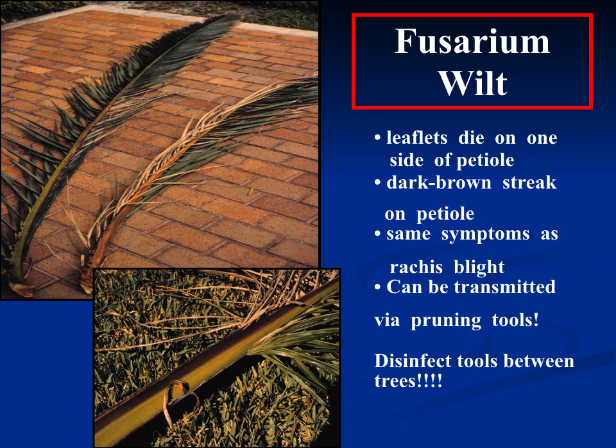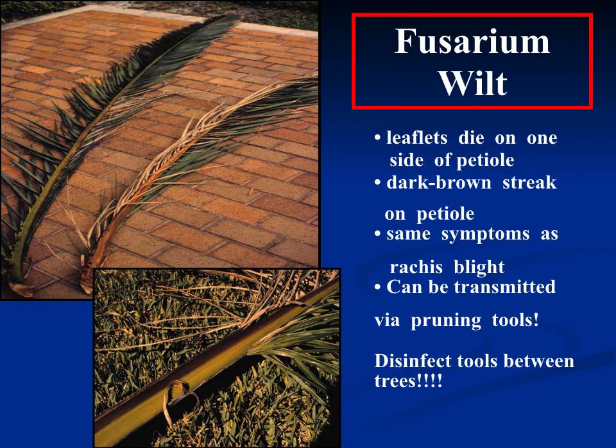It's hard to see in the palm frond in the upper left-hand photograph, but the one on the right-hand side is a little easier to see. You can see how the leaflets are dying distinctively on one side of the frond. Notice the lower right-hand photograph where you have that brown streak, and the leaflets on the left-hand side are correspondingly brown.